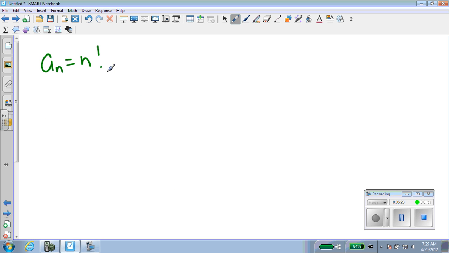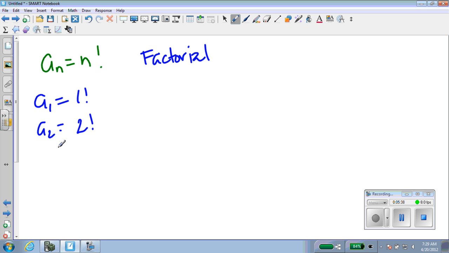You may not be familiar with this symbol. It's called a factorial in math. So a sub 1 would be 1 factorial. A sub 2 would be 2 factorial. 3 factorial.